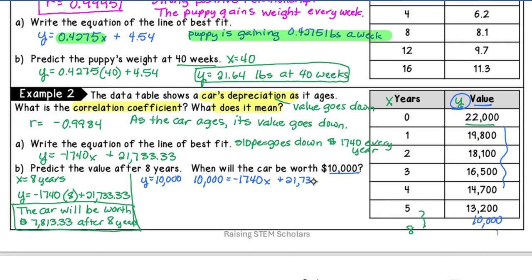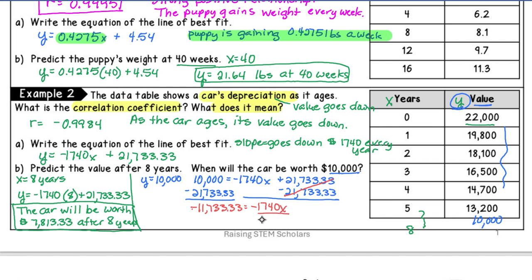And then we're going to need to do a little bit of algebra before we can drop it into our calculator. So I'm going to get my 21,733.33. I'm going to subtract that to the other side. Okay, and so that's going to cancel out there. 10,000 minus 21,733 is going to give me negative 11,733.33 equals negative 1740x.